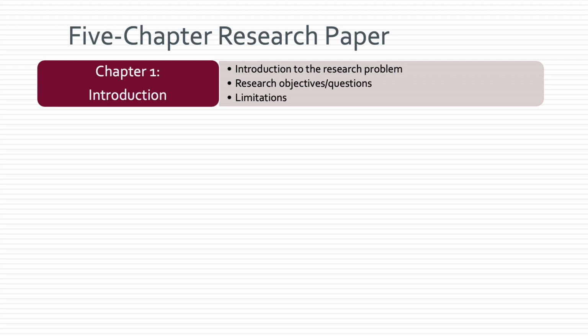And then once you have that research problem defined, you would come up with research objectives or questions. And those are the ways that you would answer or address your research problem.